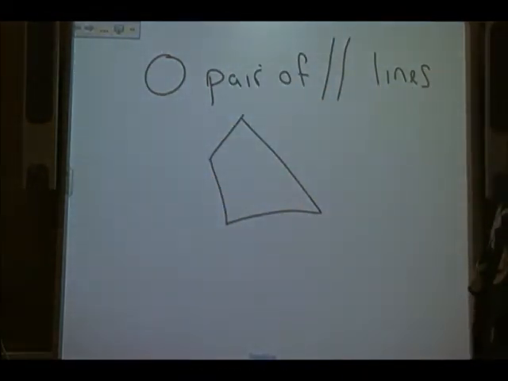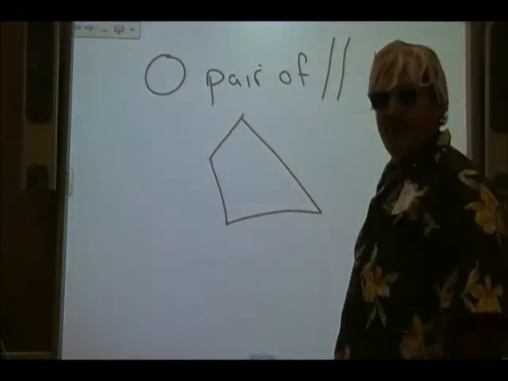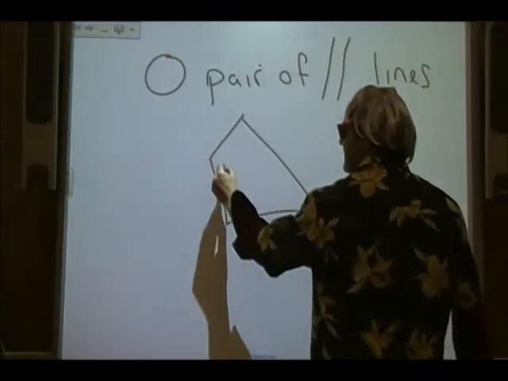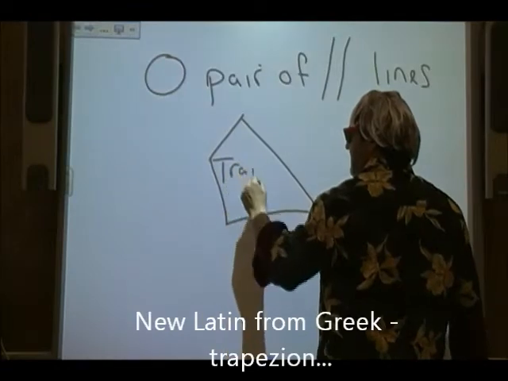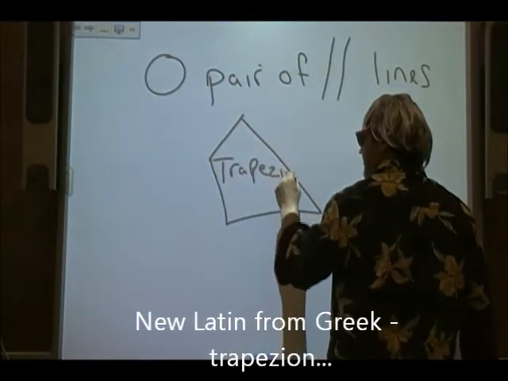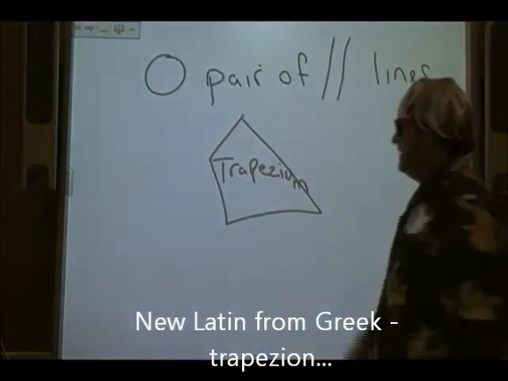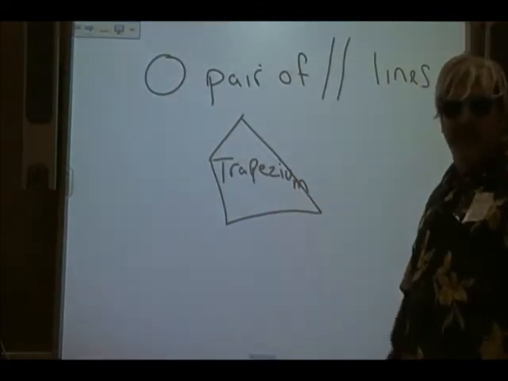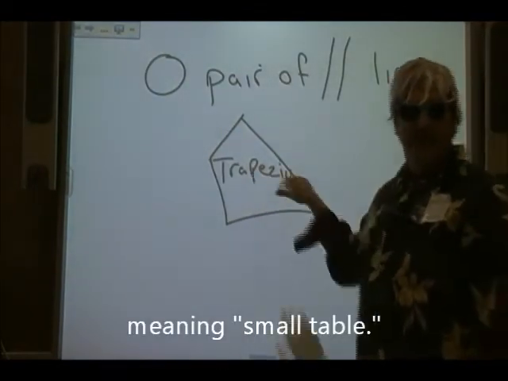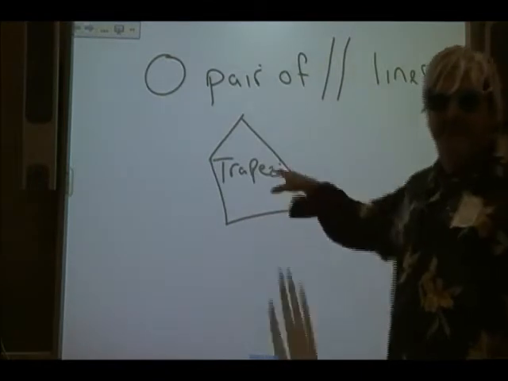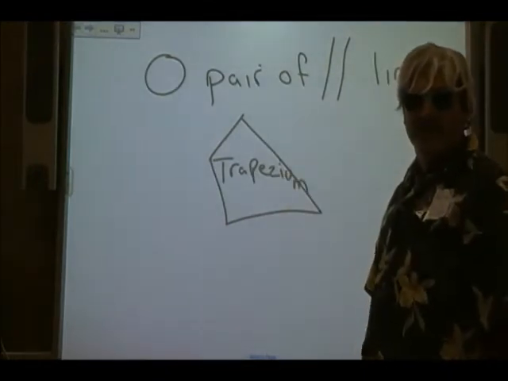Nothing is parallel. And the name for this is a trapezium. Trapezium. There's also a name in the hand, one of the bones, I think, trapezium, but this is what it's called in mathematics.